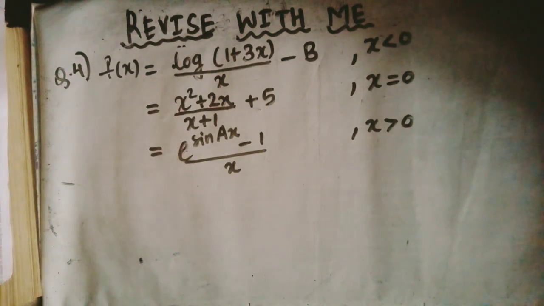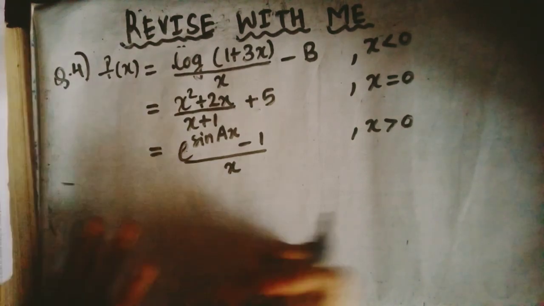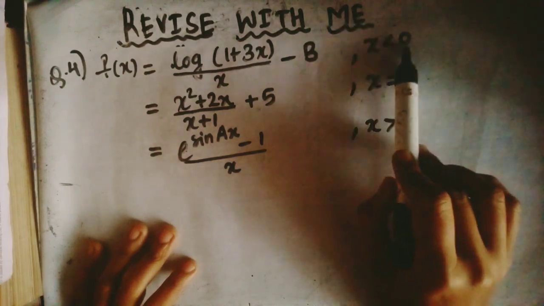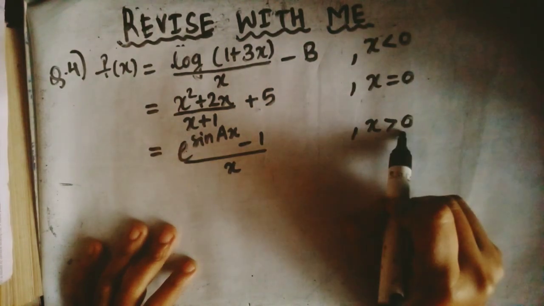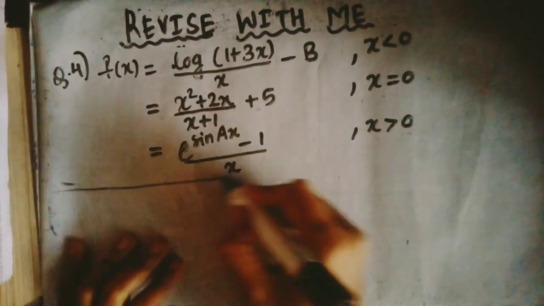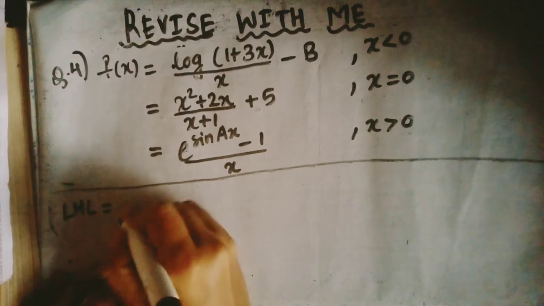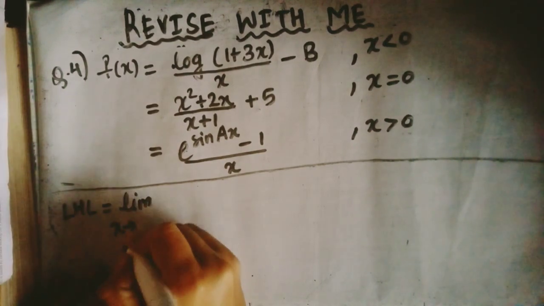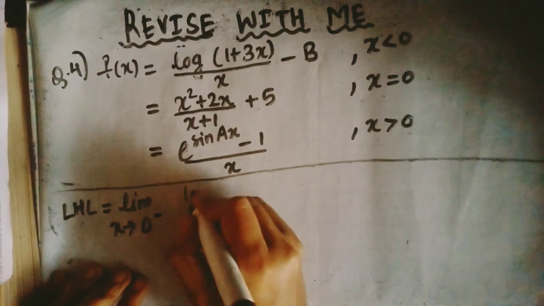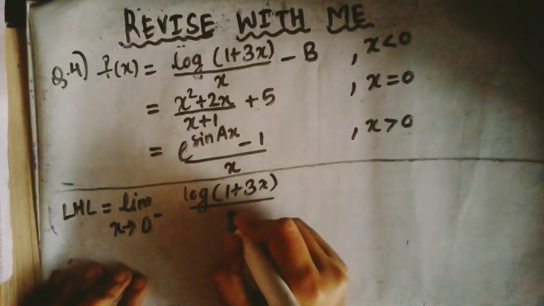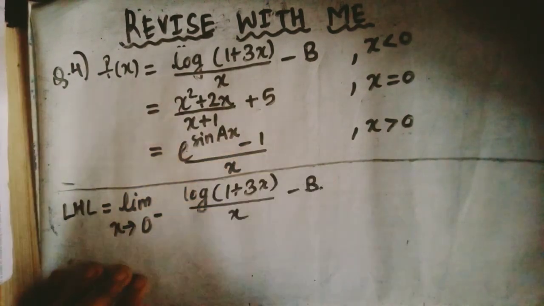In this question you have to find a and b, and f is given continuous at x equal to 0. Now this function is for left hand limit because x is less than 0, this is for right hand limit, x greater than 0. So let's solve our LHL, limit as x tending to 0 minus, log 1 plus 3x upon x minus b.